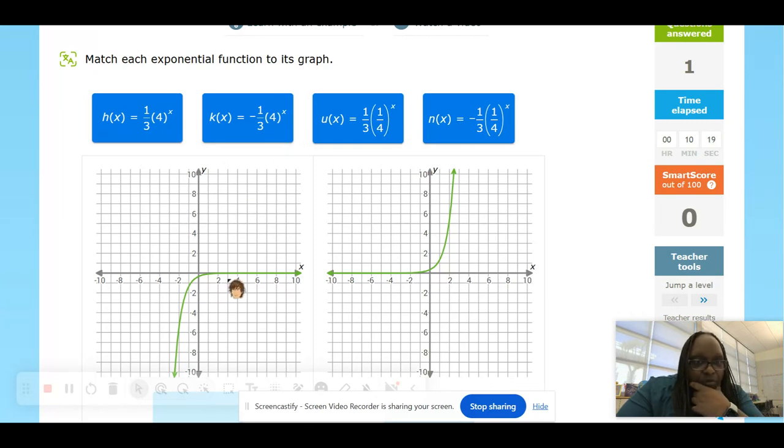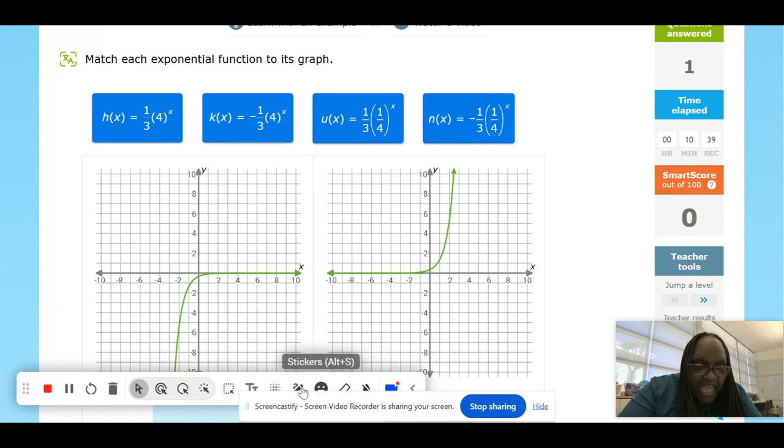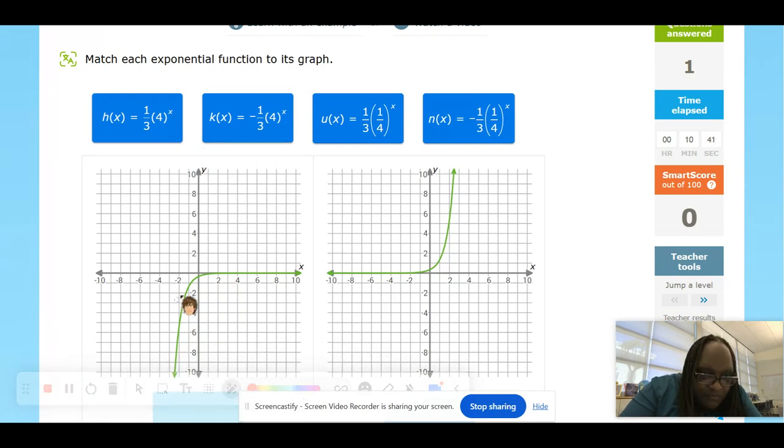So remember, I had said with my mistake that I've realized, when it's a negative y-intercept, that is that minus sign. So the 1/3 here is the y-intercept, but the minus sign doesn't just change the y-intercept from positive to negative, it flips the graph. So let me draw what the graph would have looked like had it been positive.